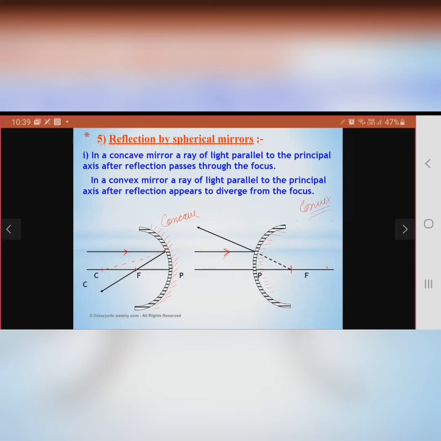So this line which I have drawn dotted is basically giving me the normal to the mirror. The line which is passing through the center of curvature is normal to the mirror. Normal to the mirror means this dotted line makes an angle of 90 degrees with the mirror.